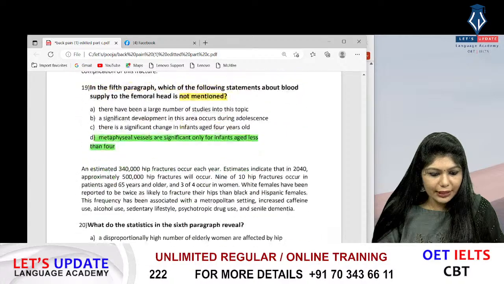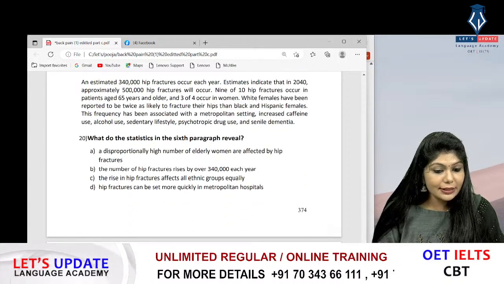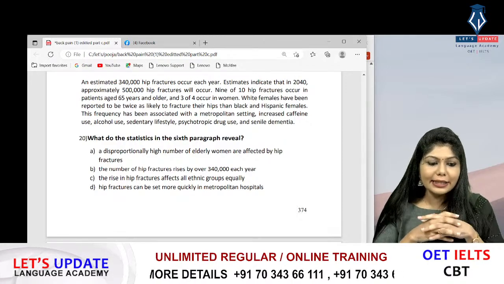So moving to the next question and the paragraph. The question is, what do the statistics in the sixth paragraph reveal? And this is the paragraph. I'll give you a minute to read it silently and then we'll discuss.